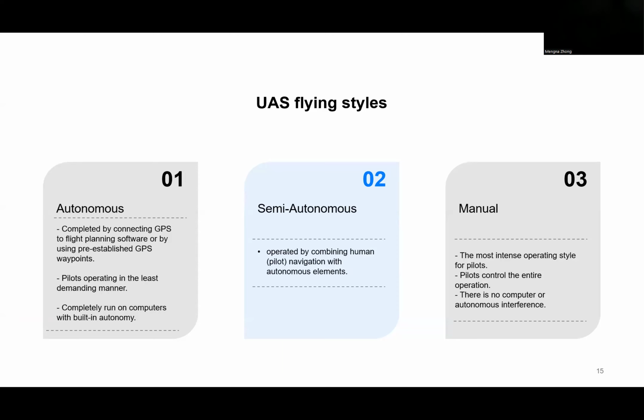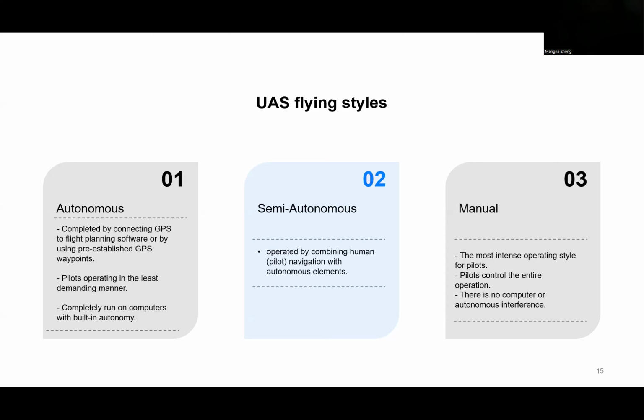It usually runs completely on computers with built-in autonomy. And for this one, pilot operation is the least demanding. Autonomous UAS are used in construction for building and bridge inspection, progress monitoring, and urban planning.